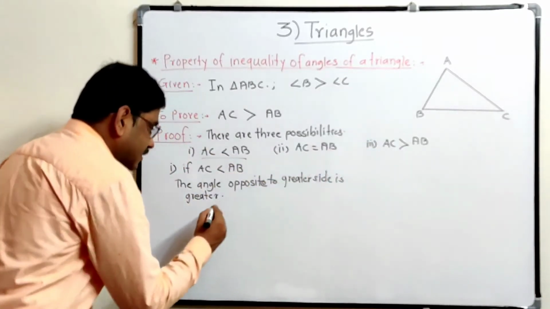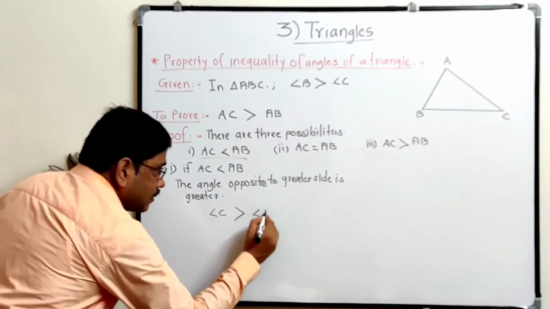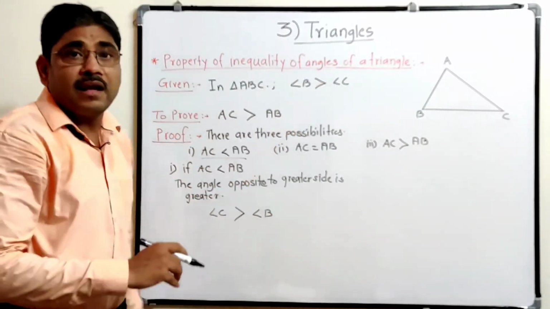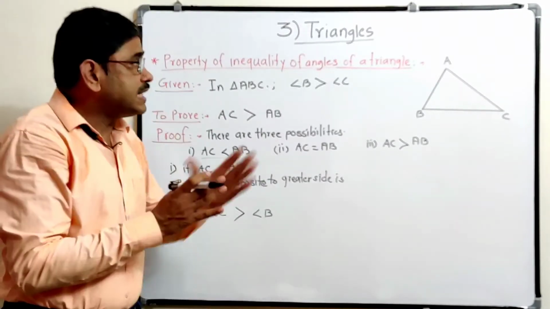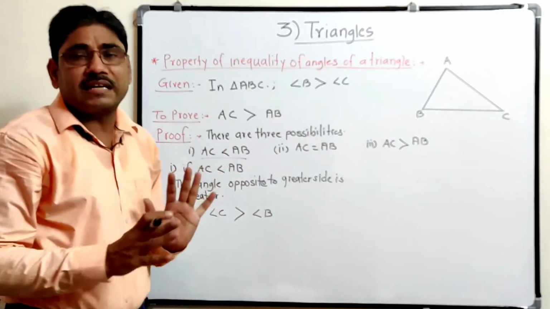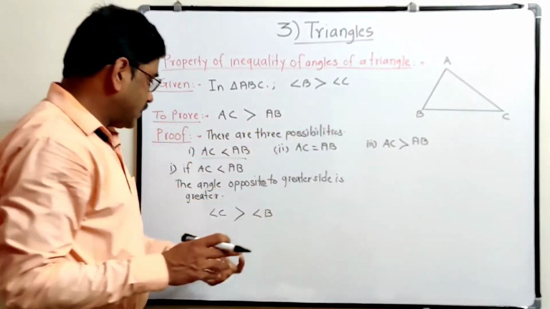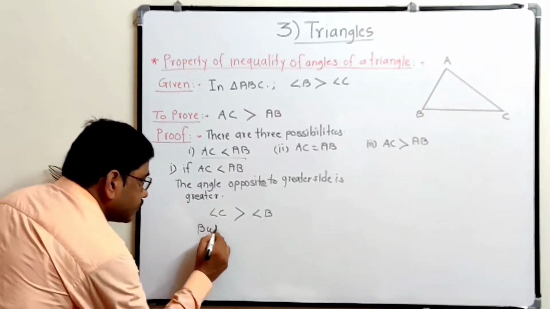So angle C is greater than angle B. But what is given? Angle B is greater than angle C. So this creates a contradiction. It gives the opposite of what is given. Here B greater than C is given, and here we are saying C greater than B. But what is given?